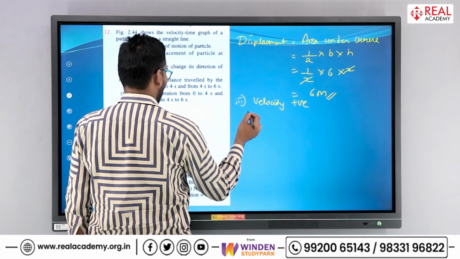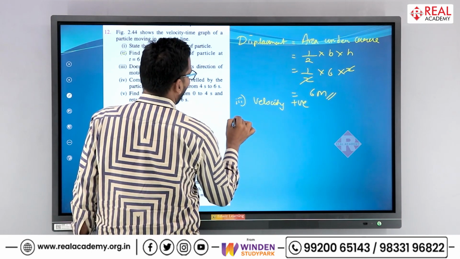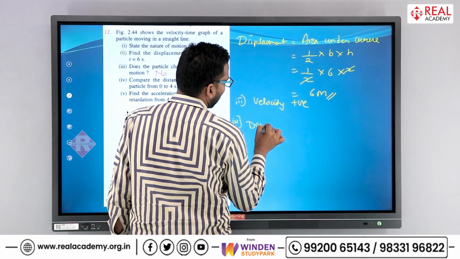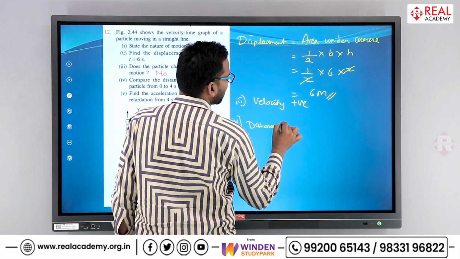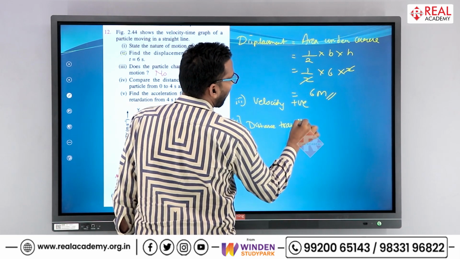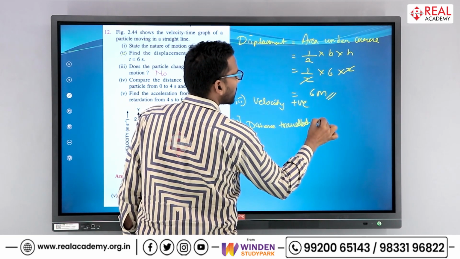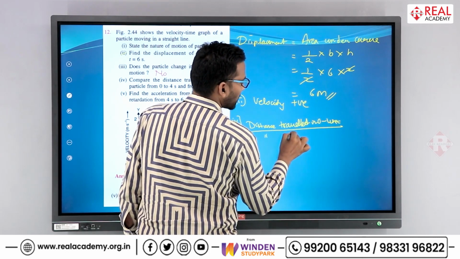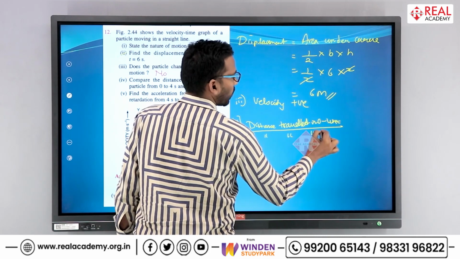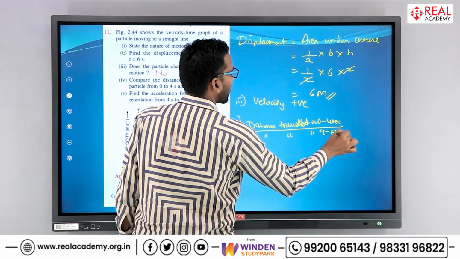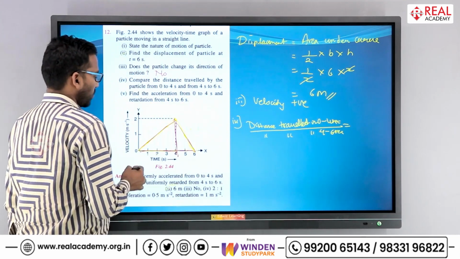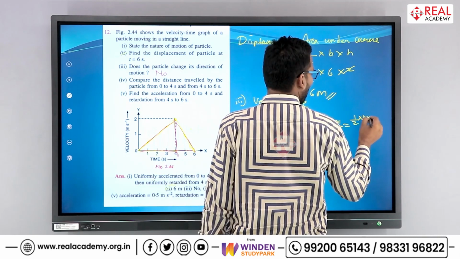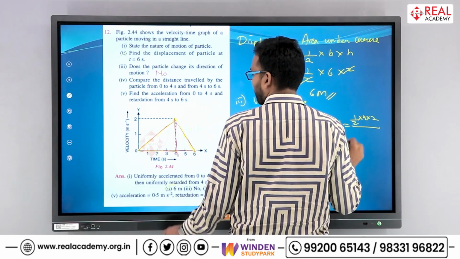So for the distance traveled in 0 to 4 seconds, half into base into height. What is the base? 4, and what is the height? It's 2.